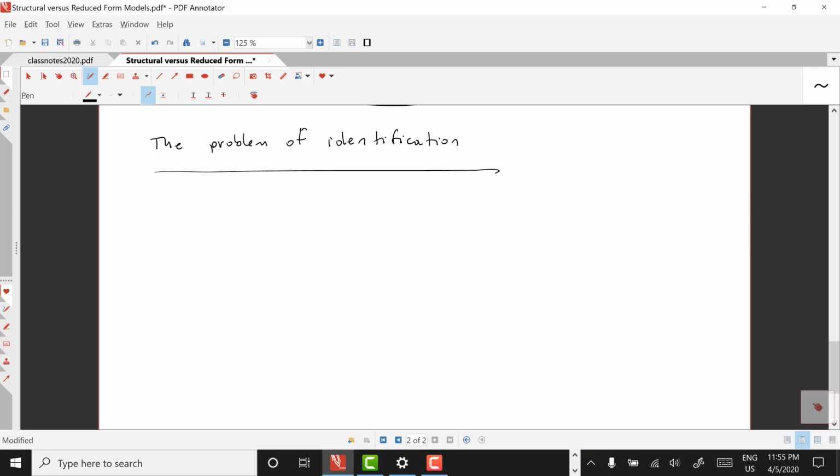Basically the question here is the following: is it possible to recover the structural model coefficients from the reduced form models?